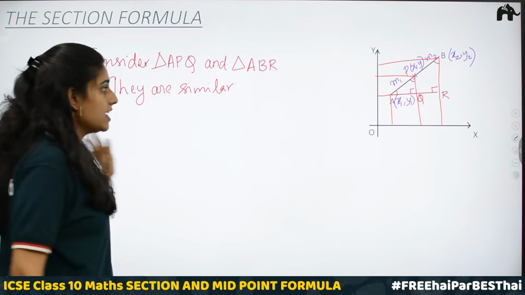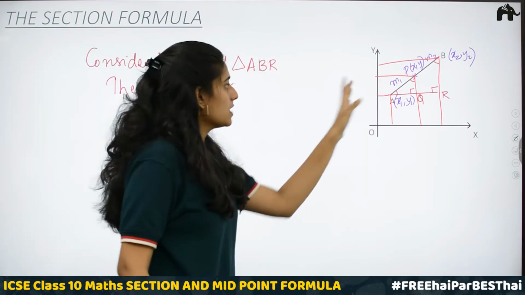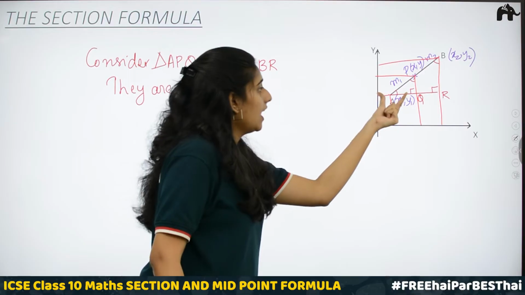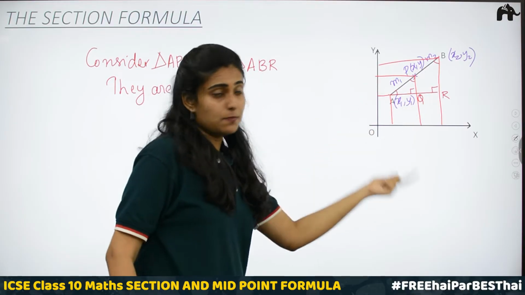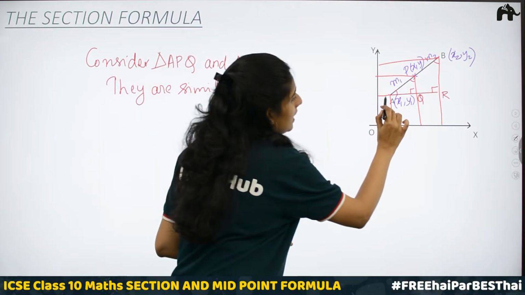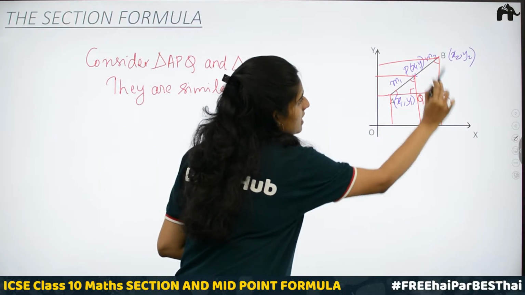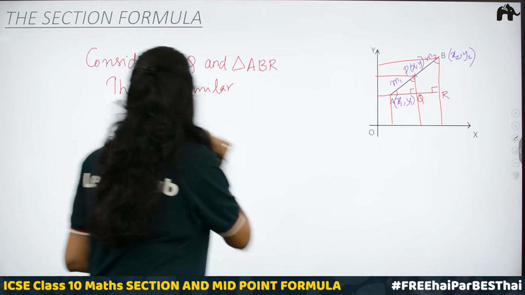Yes, they are similar triangles. For similar triangles, corresponding parts are equal. Here, AQ by AP, the ratio of the corresponding parts. Let us take AQ, and for this bigger triangle we have AR.